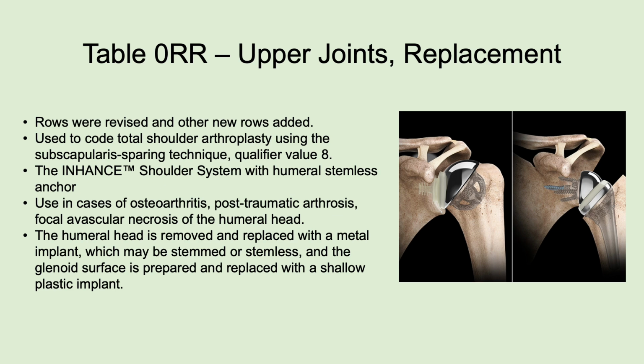It's used in cases of osteoarthritis, post-traumatic arthrosis, focal avascular necrosis of the humeral head. The humeral head is removed and replaced with a metal implant. You can see that in the picture, which may be stemmed or stemless, and the glenoid surface is prepared and replaced with a shallow plastic implant, which you can also see in the picture.